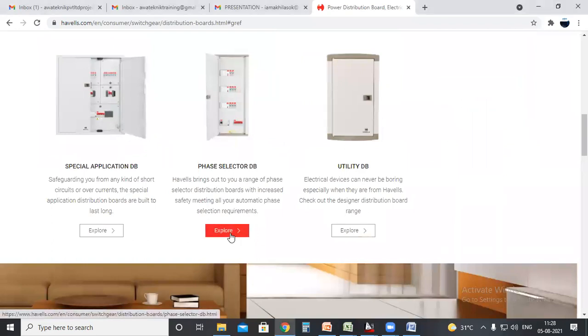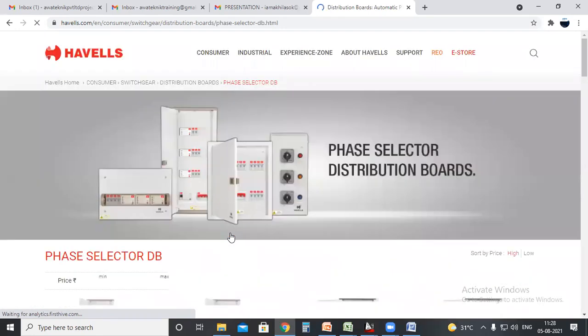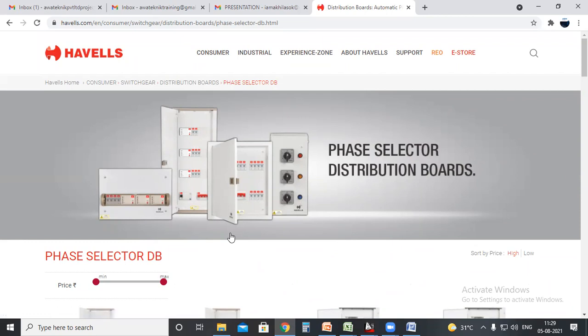So why is this phase selector DB being used? I think the phase selector DB is only recommended for the residential building. Okay, the reason is that normally we are getting the electrical supply from the nearest substation, and the substation is getting it from the nearest power station.